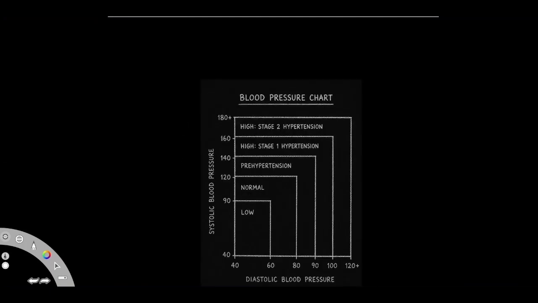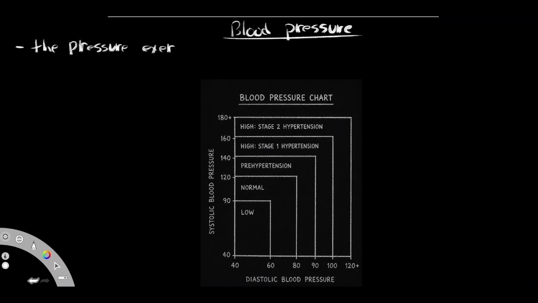All right, we're gonna look at this chart now with blood pressure, but obviously first we need to know what blood pressure is. The pressure that is exerted on the arterial walls. Remember that blood vessel that pushes blood away from the heart?